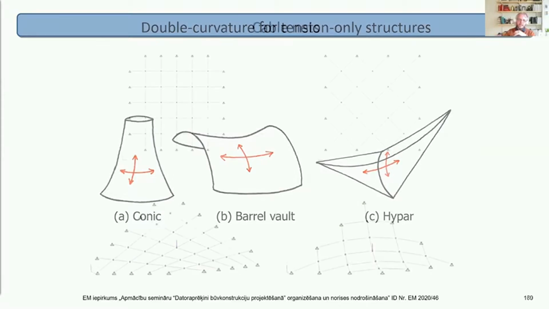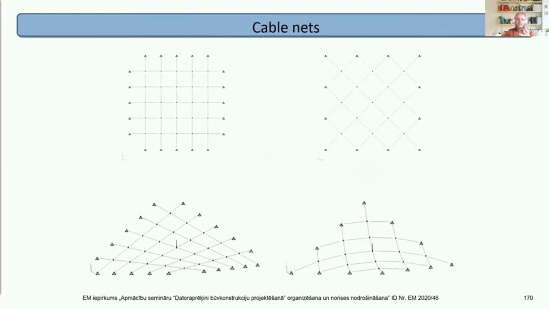So if we look at one example, let's say this is two cable nets. Both are square, so both have the same plan dimensions, both have a similar quantity of material, same level of pre-stress, both hyperboloid double curved surfaces, both with the same point load in the middle.